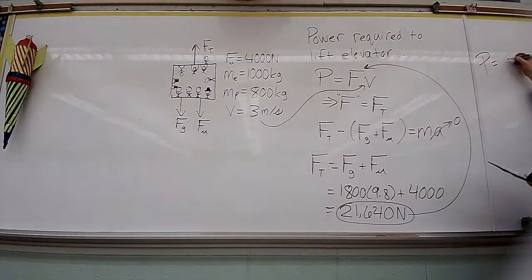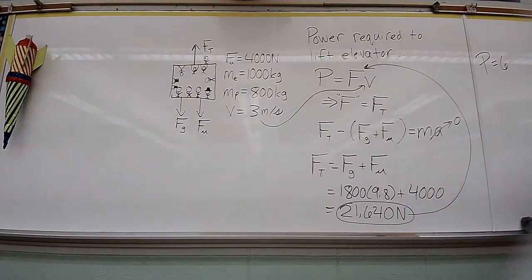I laughed when you were writing 21,640 because your 4 definitely started as a 2. 216 squared, isn't that like the sine of Jupiter? It does kind of look like it. Have you ever seen that game where it's like how many numbers can you find in this, and you have the 2, the 4, the 1? Oh yeah, it's 21.